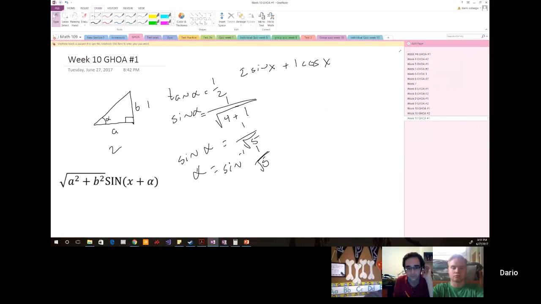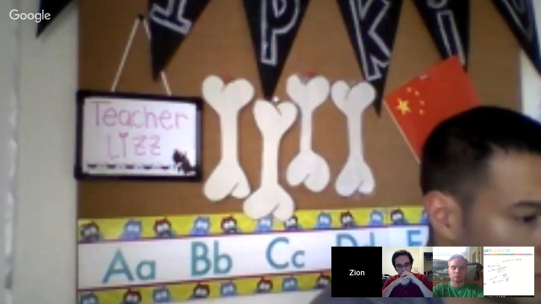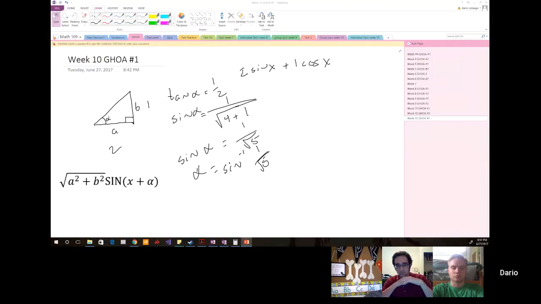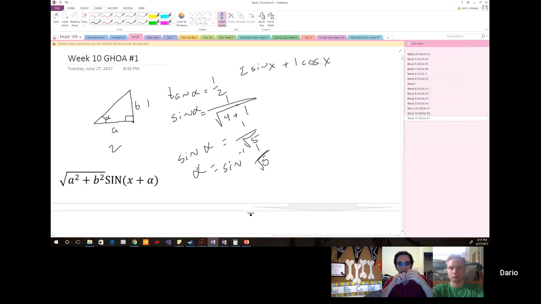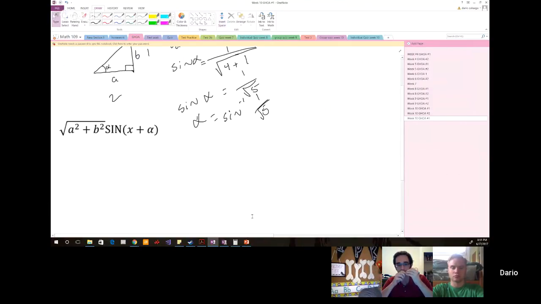They want to reduce it to just one trigonometric function. I'm not exactly sure why. It doesn't give a reason why you'd want to do that, but I guess it's to solve for x in this case.